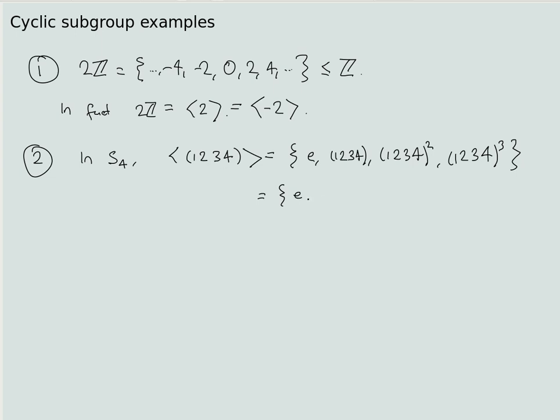So this thing is equal to E, (1 2 3 4). If you do this, you get (1 3)(2 4). Check that permutation multiplication. And lastly, you get (1 4 3 2), the inverse.